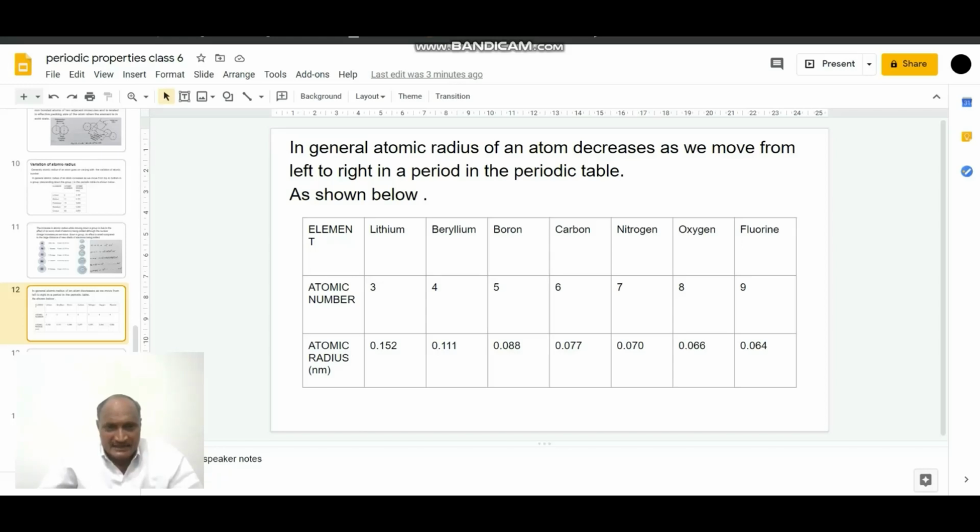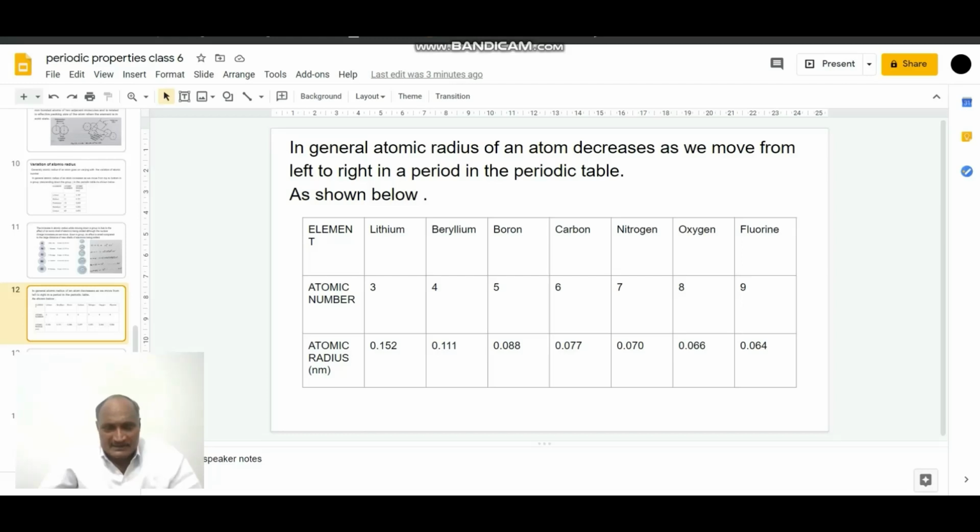Even though there is an increase in the nuclear charge, its effect is negligible, as the addition of an extra subshell increases the distance between the nucleus and the orbiting electron, hence the size increases.